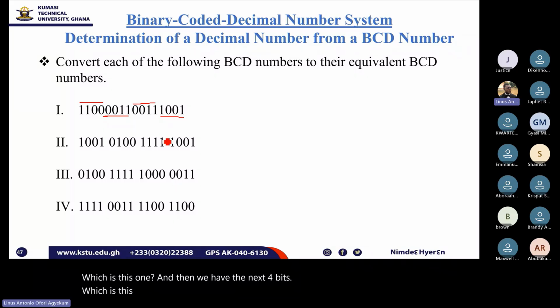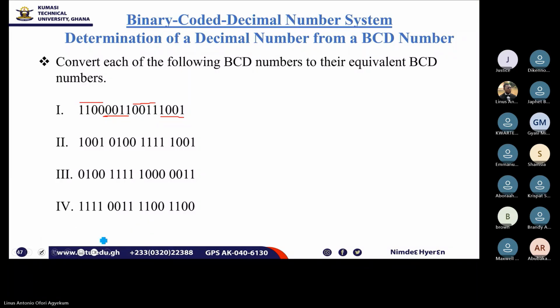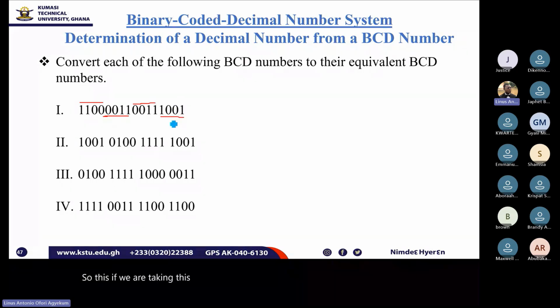So the first one here, just 1 second, my pointer is too small. So if we're taking this into consideration, this will give us 9.